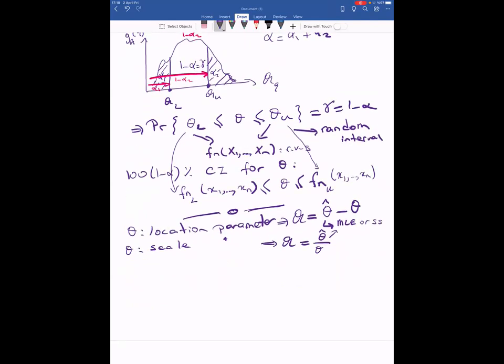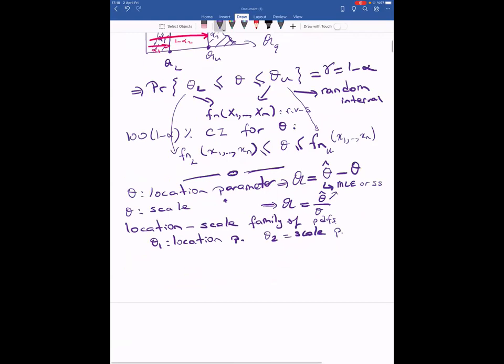Then when we have a location scale type family, we will have two unknown parameters in this case. In the location scale family of PDFs case, let's say theta 1 represents the location parameter, and theta 2 represents the scale parameter.